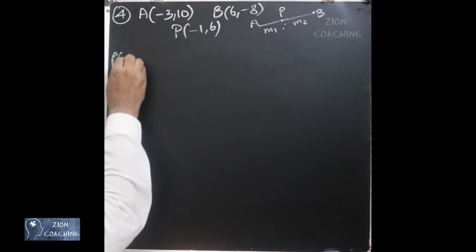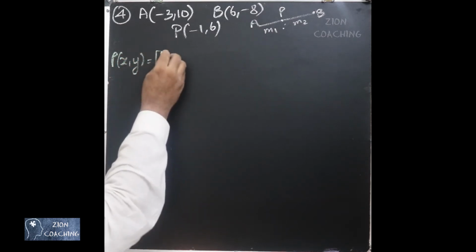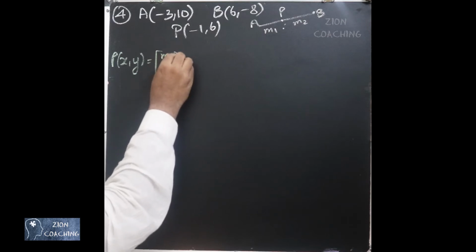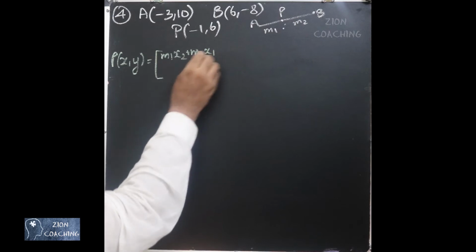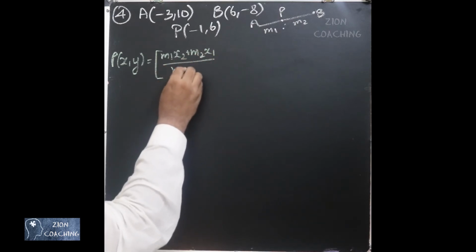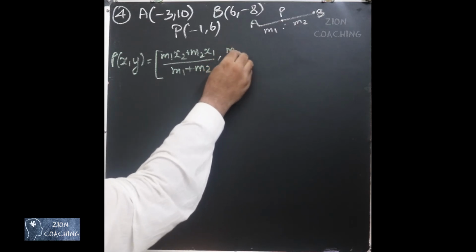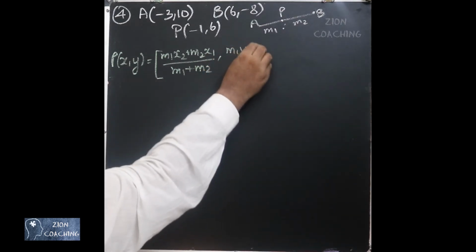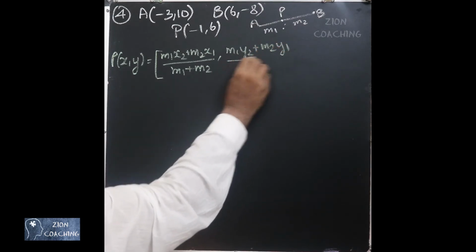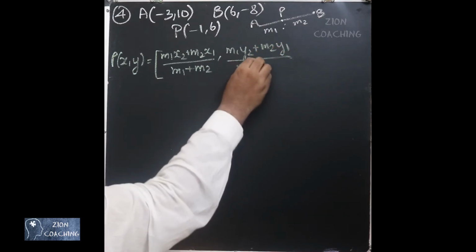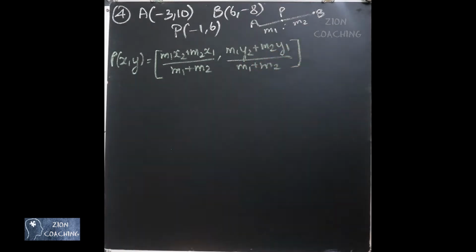P(x, y) is given by, the section formula is (m1 x2 + m2 x1) by (m1 + m2), comma, (m1 y2 + m2 y1) by (m1 + m2). This is your section formula.